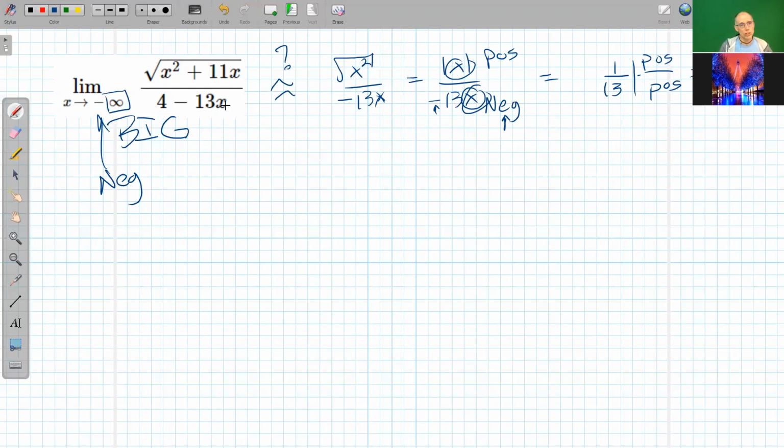Another way to look at this is that trick I showed earlier with a slight modification. The highest power really is x here, because the square root of x squared is the absolute value of x. So what I'm going to do is multiply top and bottom by 1 over the square root of x squared, based on this idea right here.